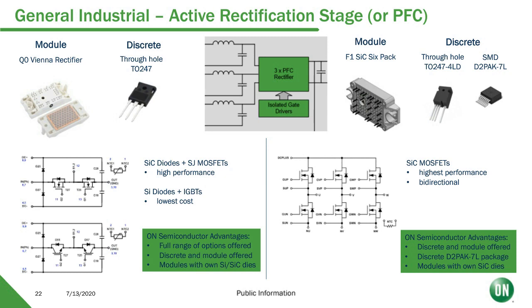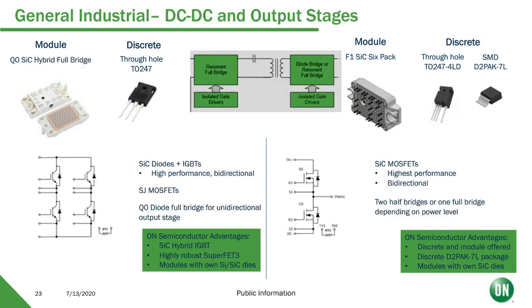And then lastly, the last block that we will look into is your general DC-DC and output stages. Normally, as I mentioned before, in an EV charging station, this will just be a full bridge or full bridge interleaved LLC type of implementation. Typically, this solution is using superjunction MOSFETs, but similar to the previous slide, if higher performance is needed, using silicon carbide diodes with IGBTs is a preferred solution.